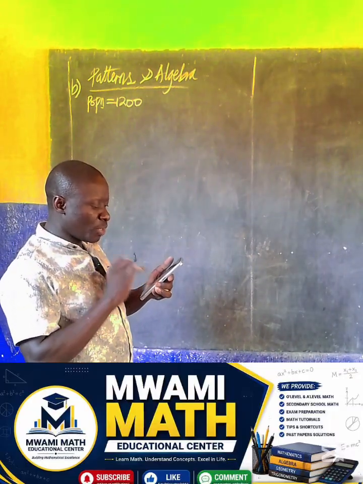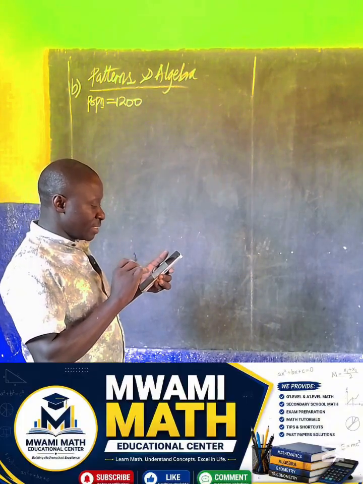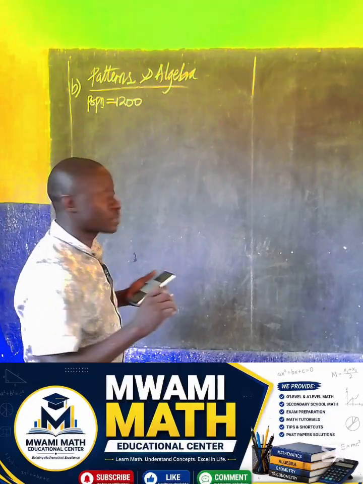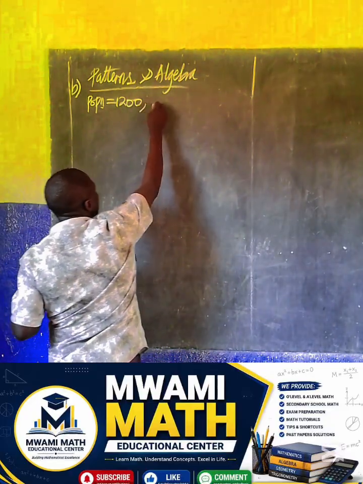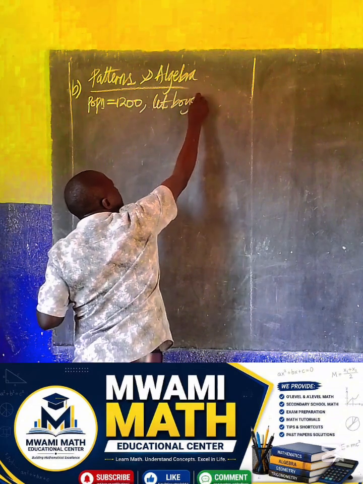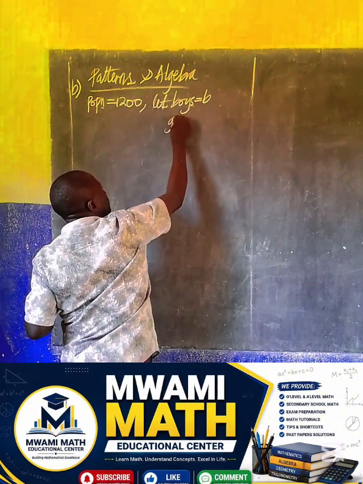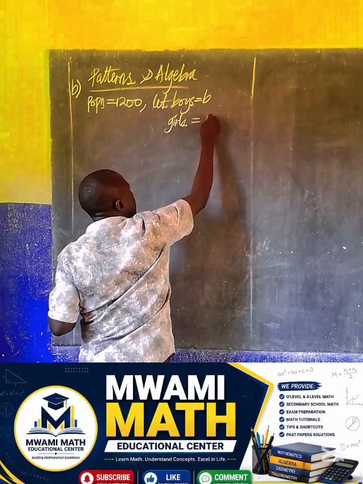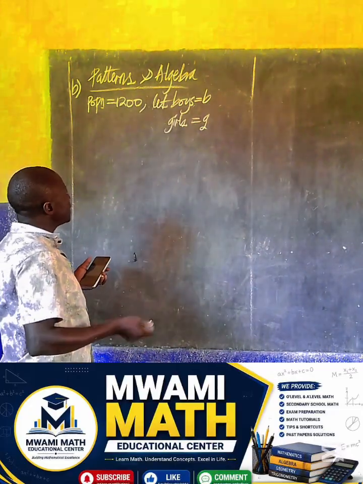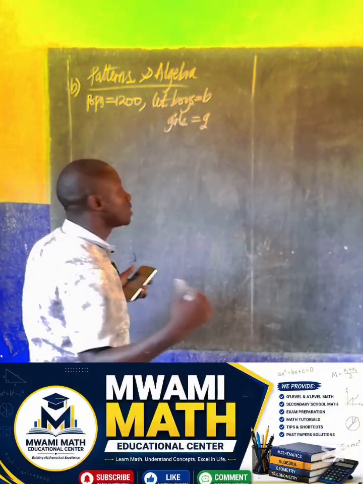On a particular day, Joseph invited a fifth of the boys and a quarter of the girls. So first of all, we can say, let the number of boys be B, while the number of girls be G.